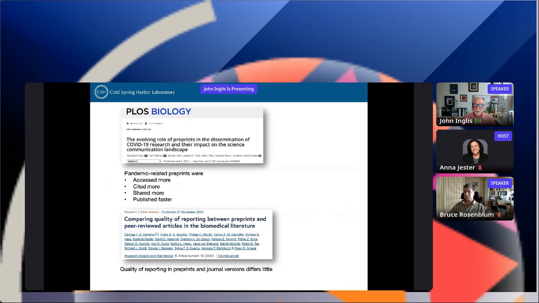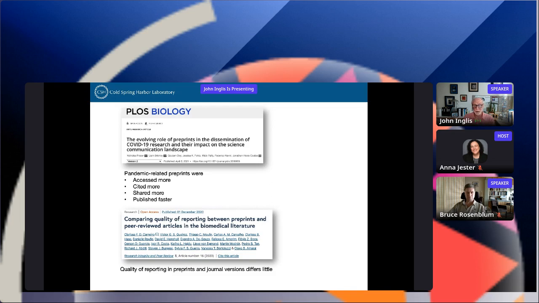So the desire of the research community to use preprint servers over the last couple of years is now receiving academic research attention in and of itself. Here is an article from PLOS Biology in April, in which Nicholas Fraser and Jonny Coates and colleagues compared pandemic-related preprints with other preprints on servers that were not specifically related to COVID-19.